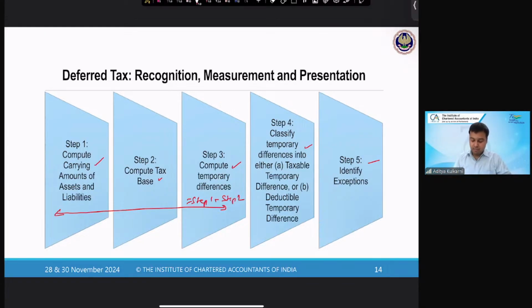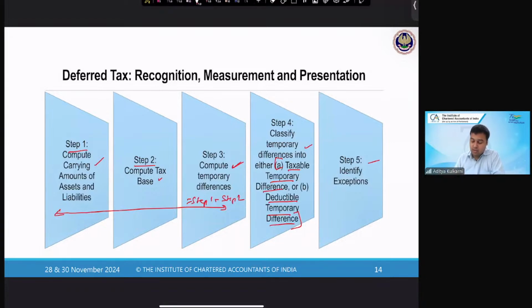Next, step 3, compute temporary differences. Temporary difference is nothing but step 1 minus step 2. Step 4, classify the temporary differences into either taxable temporary difference or deductible temporary difference. This is something that I will explain: what do you mean by taxable temporary difference, and what do you mean by deductible temporary difference.